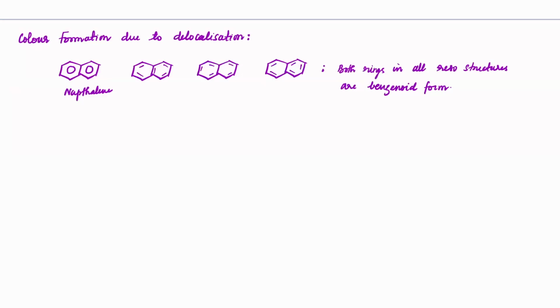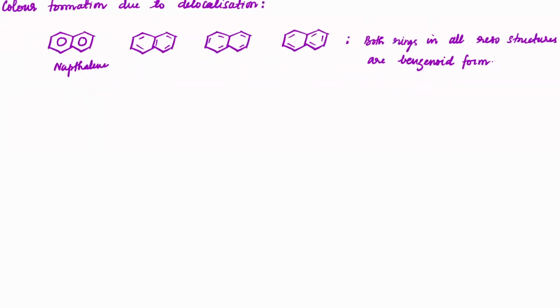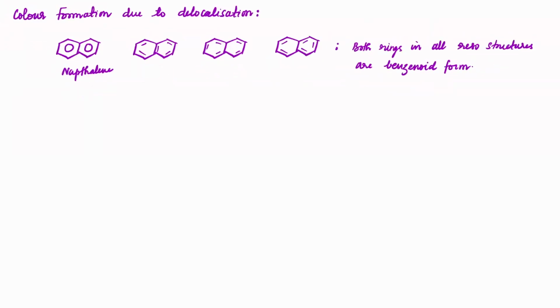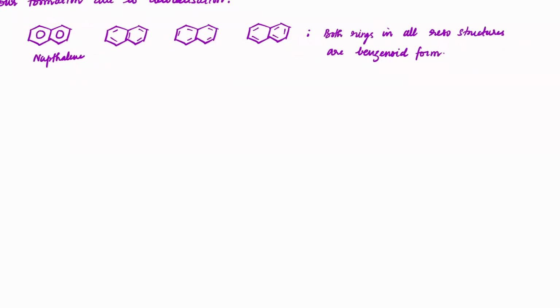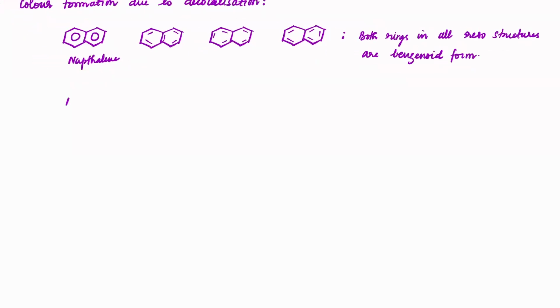So when you have rings more benzenoid form, then you'll hardly see any color, correct? So more benzenoid forms, less color observed. Okay, clear.